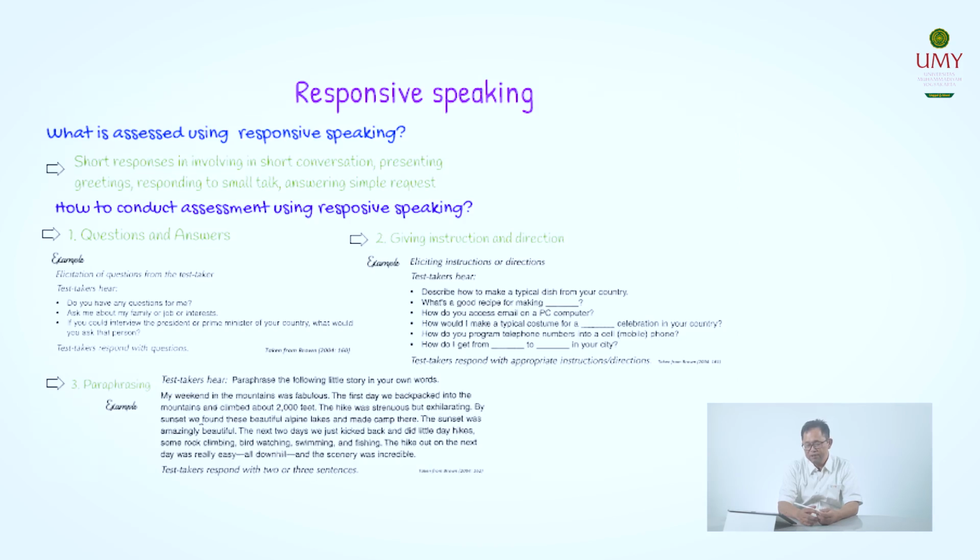In this example, usually the test taker will answer every question provided by the tester. When the tester asks several questions, for instance, do you have any question for me? Then the test taker will ask a question.